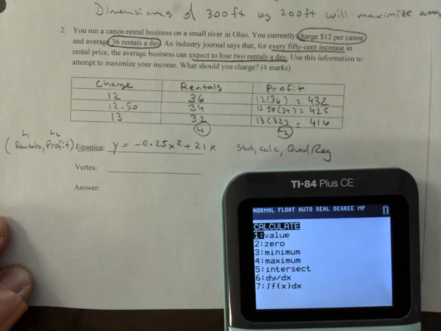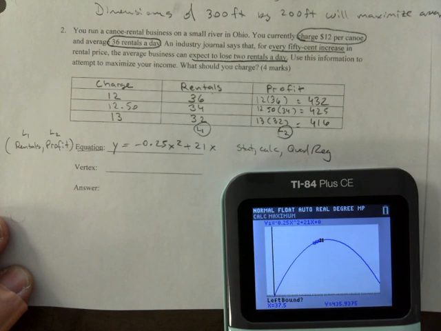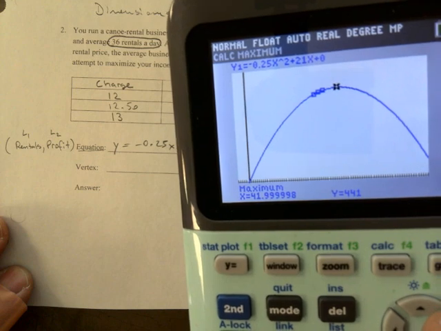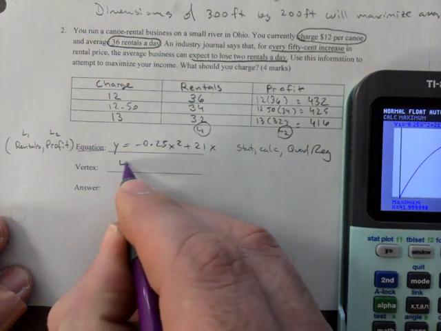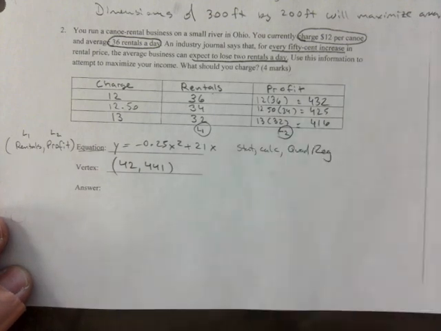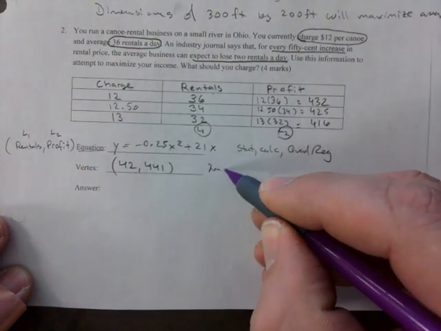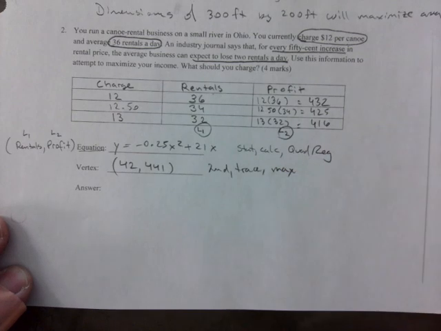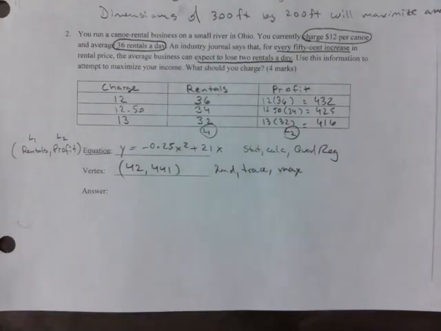I see my vertex, that's all I want today. So enter, enter, enter. So that's 41.99, or actually 42, it rounds to 42. 441, right? And that would be second trace max. Right now, it just asks you for the vertex, but you should know what those numbers represent.